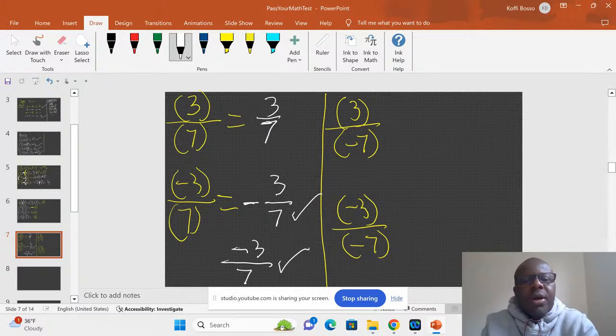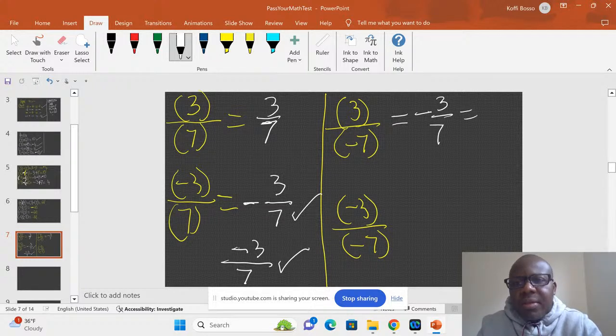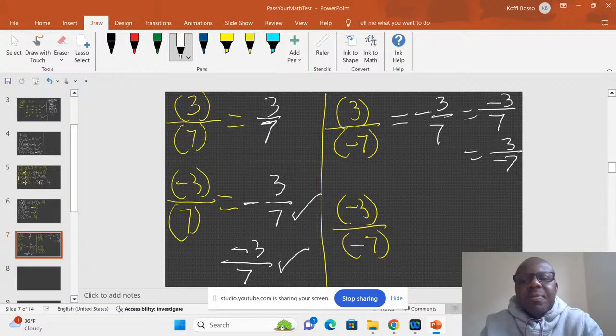it's the same answer. Now the top one here, so 3 divided by negative 7, the answer is negative 3 over 7. Someone could write it as negative 3 over 7. Someone could say 3 over negative 7. But you understand that all these are the same.